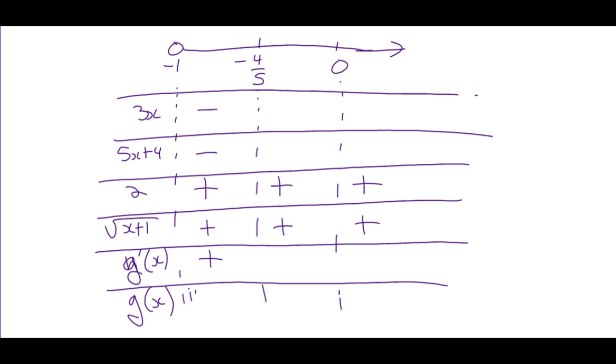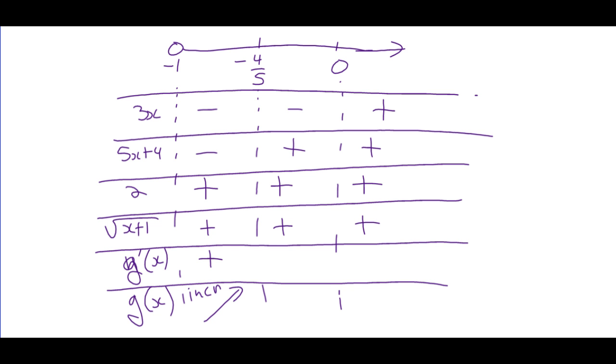This is positive. This is increasing on this interval, or going up. Remember to always draw to the right because we're going from left to right. So if you're between 0 and negative 4/5, you're going to be negative here. And if you're above 0, you're going to be positive. And then above 0, this will be positive and this will be positive.